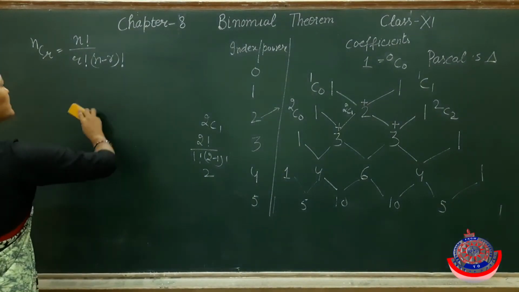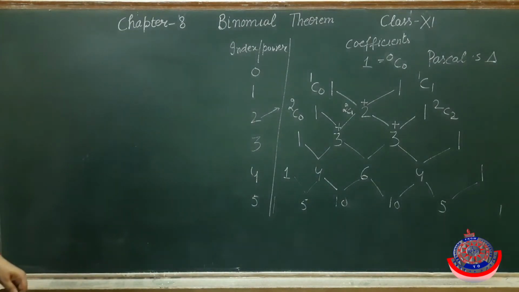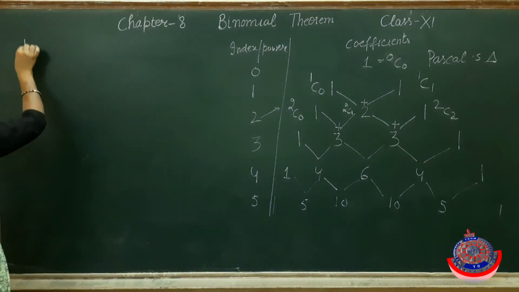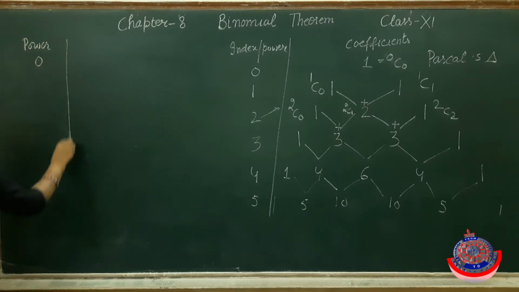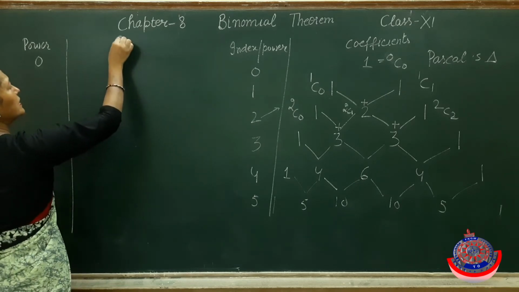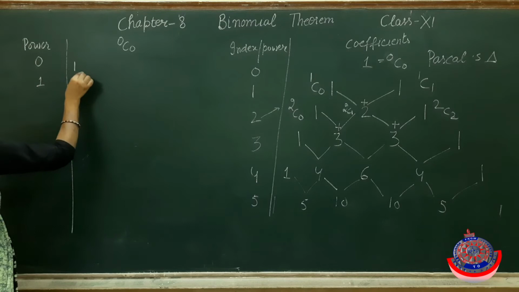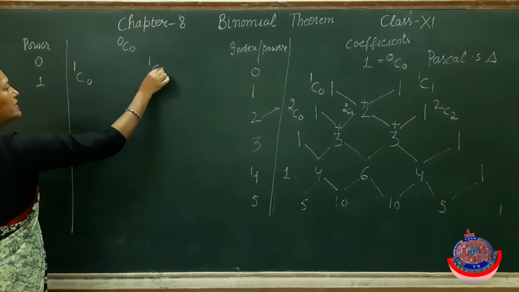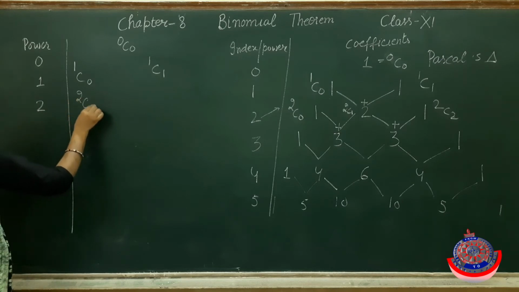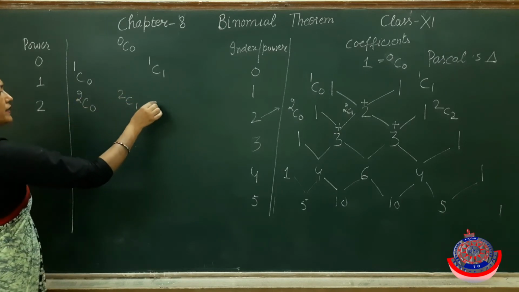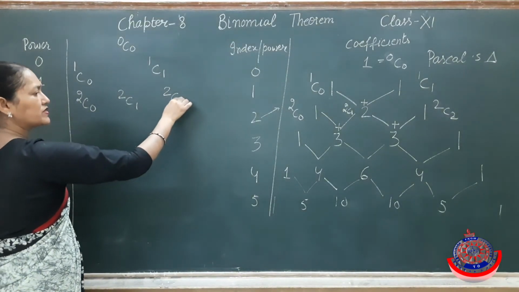So we can write Pascal's triangle with the help of combination. For power 0, it can be written as 0C0. For power 1, 1C0 and 1C1. For 2, 2C0, 2C1 and 2C2, and combination with 2 is 1.